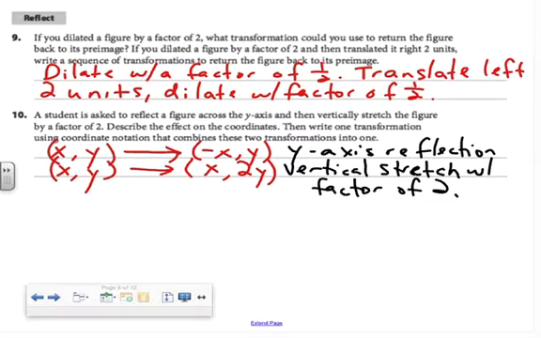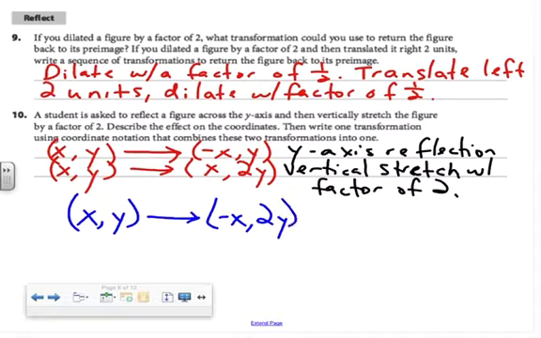So how could I take those rules and combine them together to make one transformation rule? It would be xy maps to negative x, comma 2y.